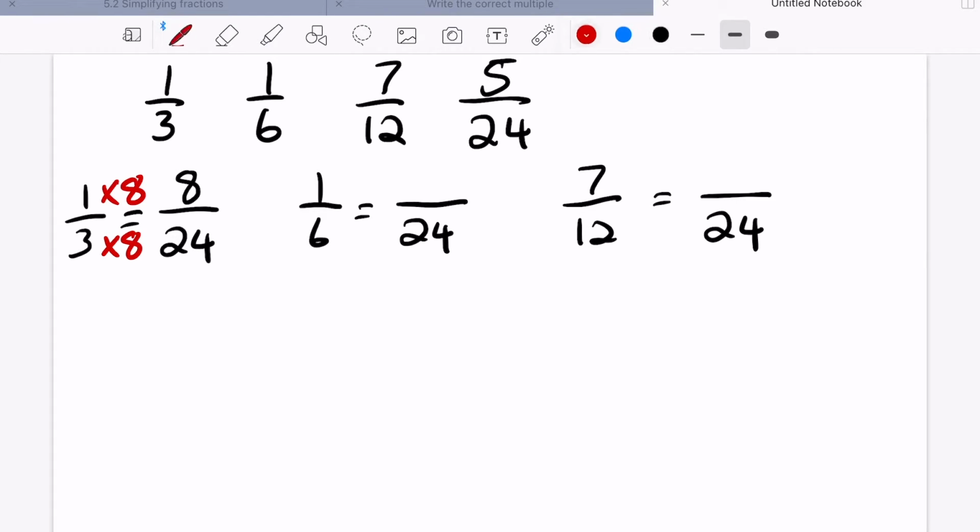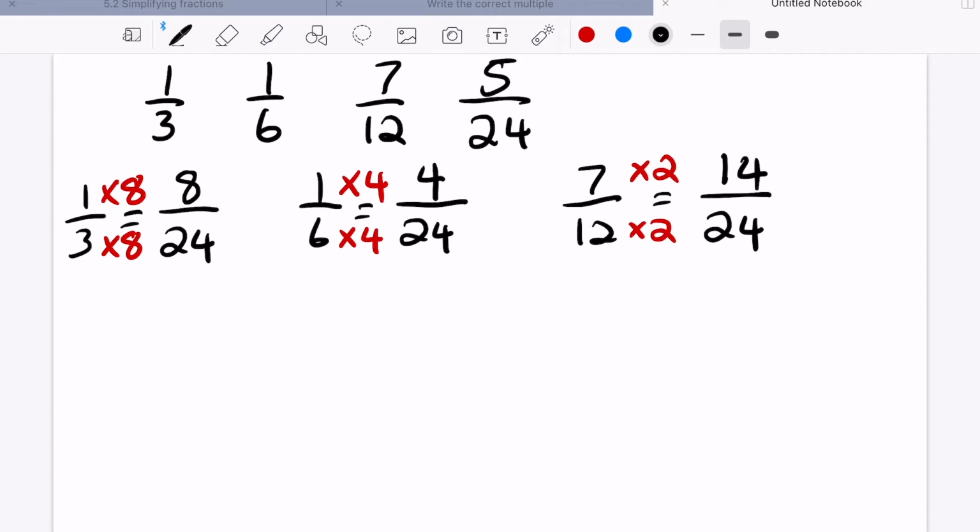Very good. 6 times what equals 24? 6 times 4 equals 24. So we have to multiply the top by 4 as well. So 1 times 4 equals 4. All right, the bottom, 12 times what equals 24? 12 times 2. So we multiply the top as well. 7 times 2 equals 14.